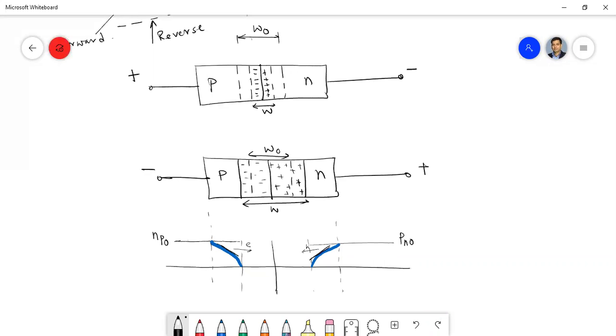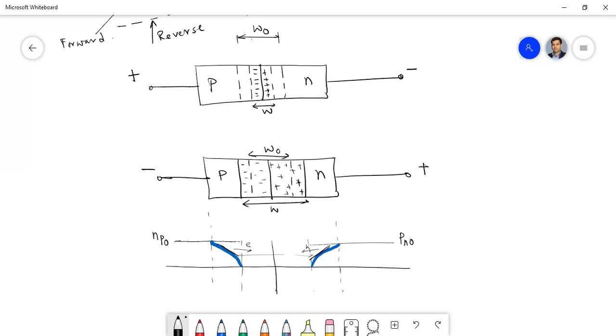So when the diffusing minority carriers reach the depletion layer, the large electric field present in the space charge layer will sweep the carriers to the neutral region. That means holes will go this side and electrons will go this side.